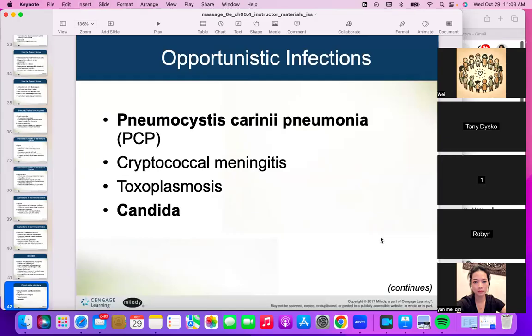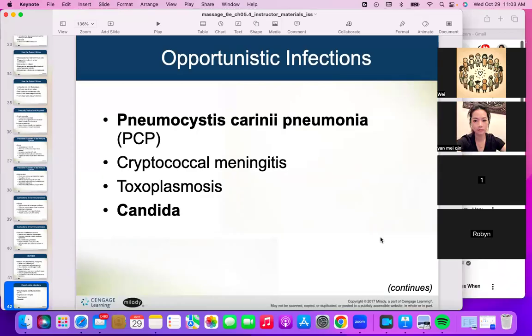Cryptococcal meningitis is caused by a fungal infection, which is found in the environment and grows also on pigeon droppings. Dust containing that fungus gets inhaled and it spreads to the meninges, which is the lining of the central nervous system, and that creates the symptoms of the disease.